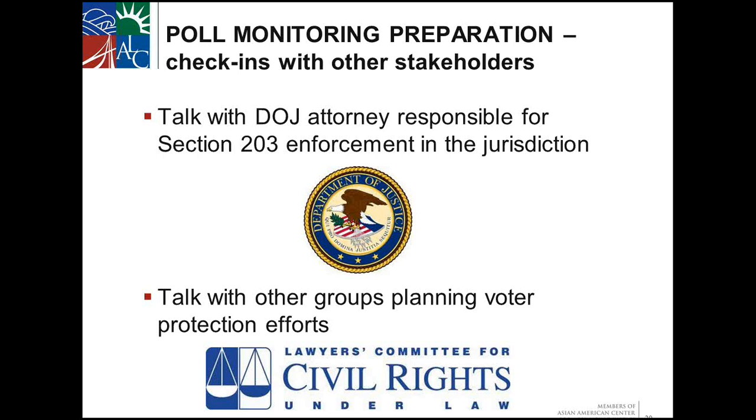Letting them know what you're up to and sharing that information so that they can make better decisions. For those of you that don't know who your local DOJ attorney is responsible for this, or you do know and would like an introduction, please let Advancing Justice know, and we'd be happy to help make introductions and facilitate the beginning of that discussion.